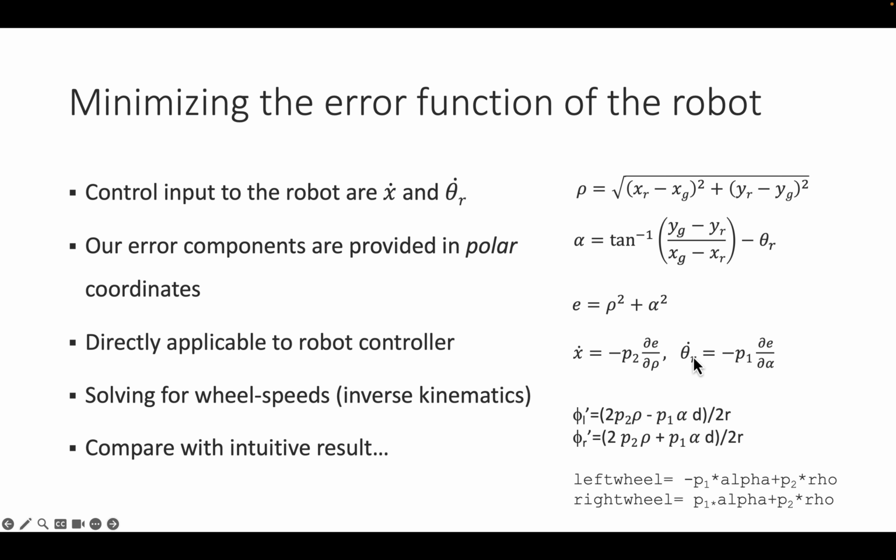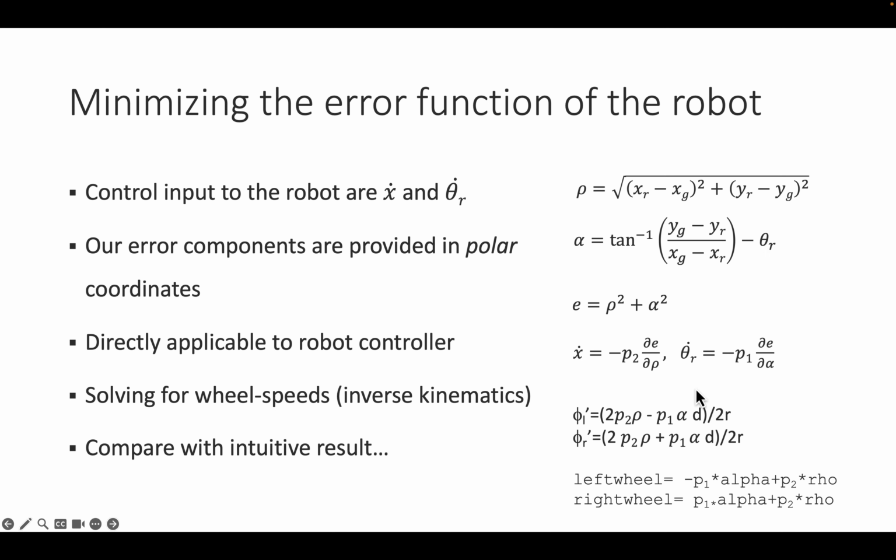When you look at the angular error, same thing. We take the derivative of the error term with respect to alpha. And in this case, alpha and theta are related. Now we will get a term which corresponds to 2 times alpha, and we have the inner derivative, and you can see that the minus sign is coming from the theta r term here being negative.